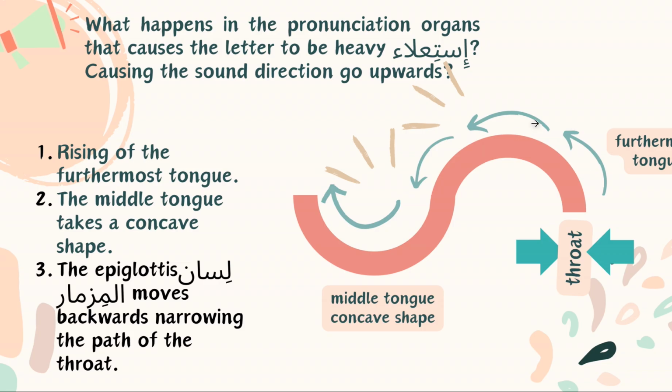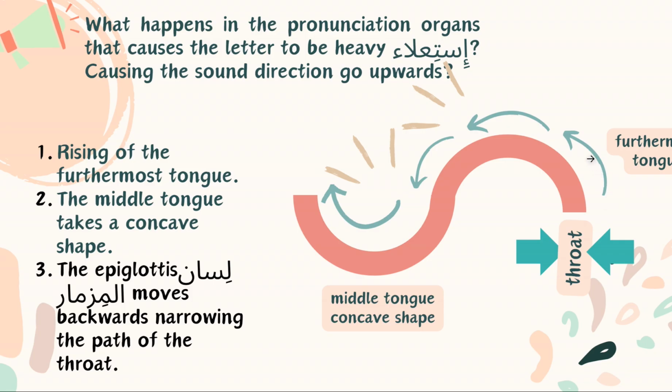And then the sound just goes down, and we find the middle part of the tongue looks like this, a concave shape, okay? So this is what happens to the sound when it's running from the vocal cords through the throat upwards to the tongue, and it will find that the furthermost part of the tongue is way high up, okay, this shape.